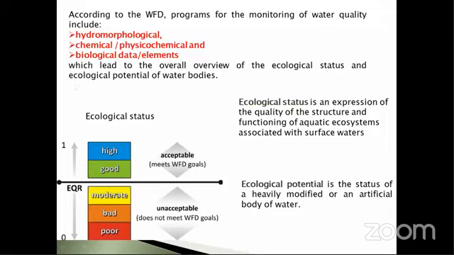The objectives of the Water Framework Directive are inland surface waters, transitional waters, coastal waters, and groundwaters, and they are actually a part of natural waters. But this directive also considers heavily modified or artificial water bodies, with a different approach.